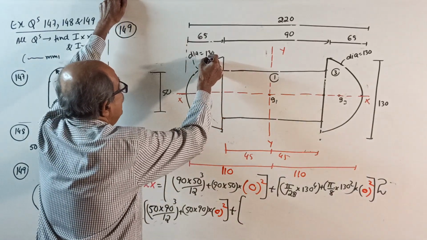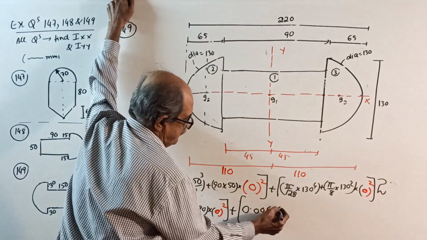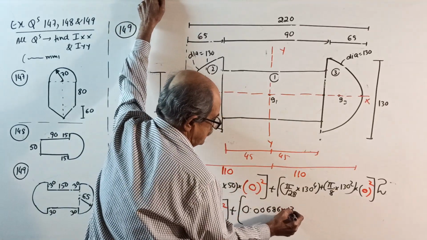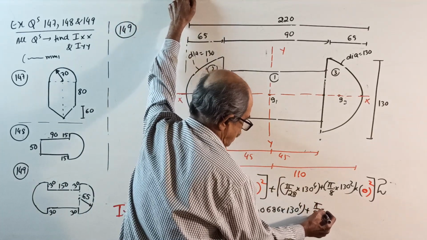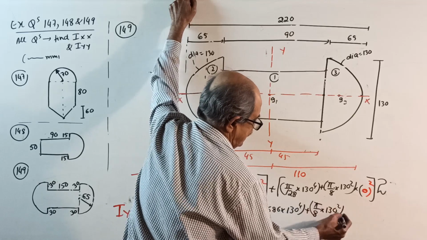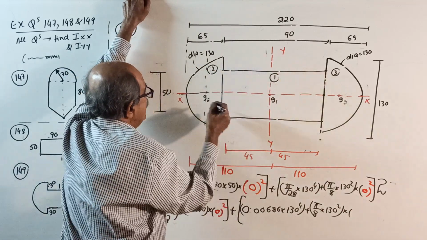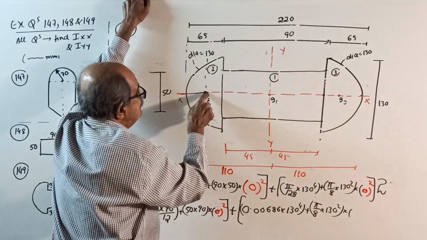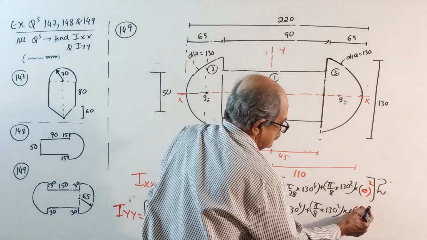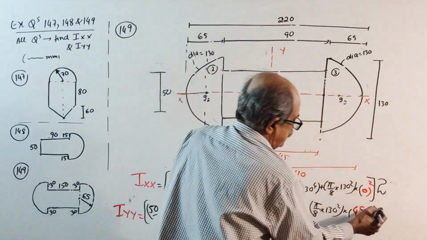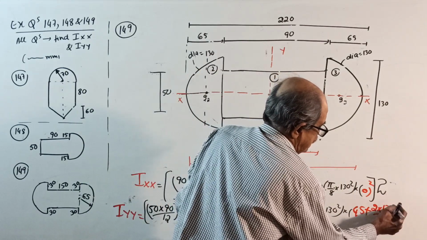Here, see, I about its own centroid axis: 0.00686 into diameter 130 power 4, plus area pi by 8 of 130 square, which is the area, into, see, G2 lies in XX but it is outside YY, so from G2 to YY this distance squared, that is 45 plus this distance, which is 2 into diameter 130 divided by 3 pi, whole square.